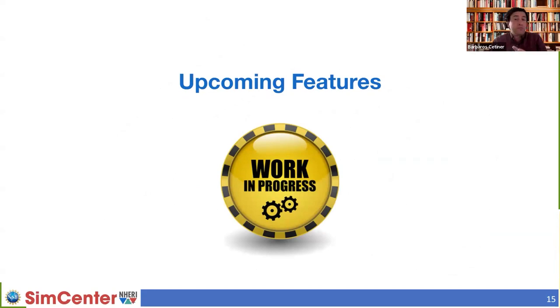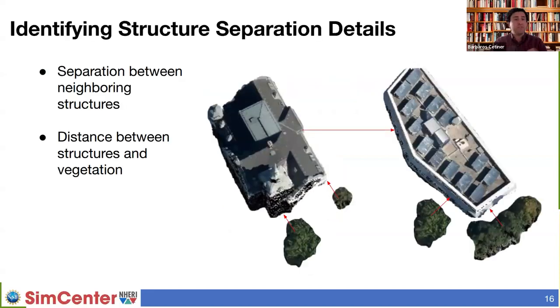What will be of interest at the end of this presentation, I'll briefly touch on. We're in the process of developing the capability to identify separation between individual buildings or vegetation. This will be relevant to hurricane studies, and those of you interested in wildfire studies might find it interesting too.